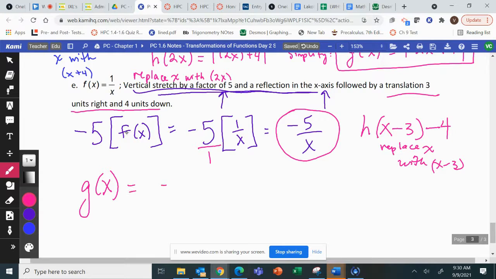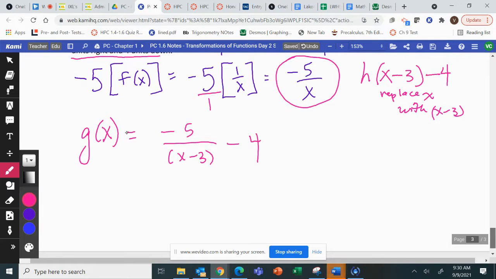So my equation is going to start with -5 over x minus 3. And then the minus 4 goes on the outside of that function. And then I don't really need those parentheses in the denominator, so I could erase them. Oops, I just wrote them again. I could erase them or just rewrite it. You guys could erase it. I'm rewriting so that you can see both of my steps.